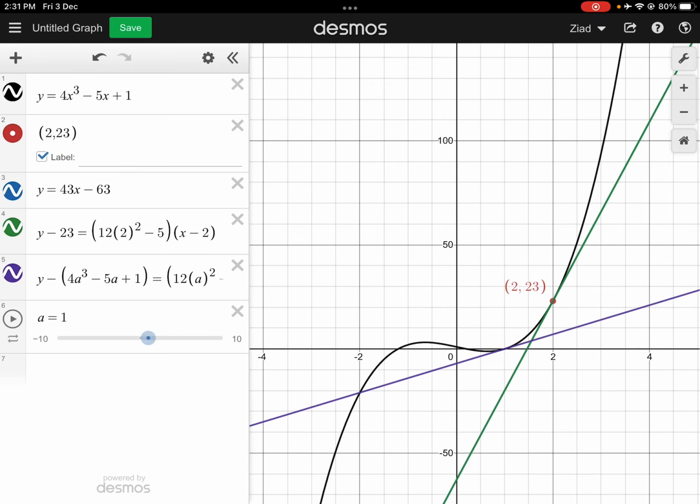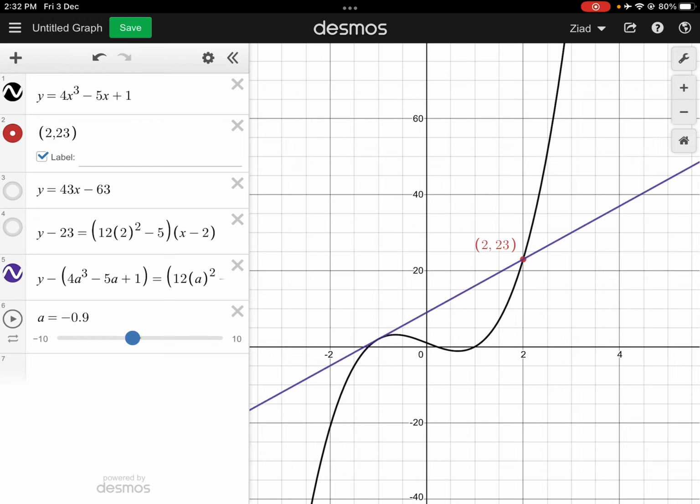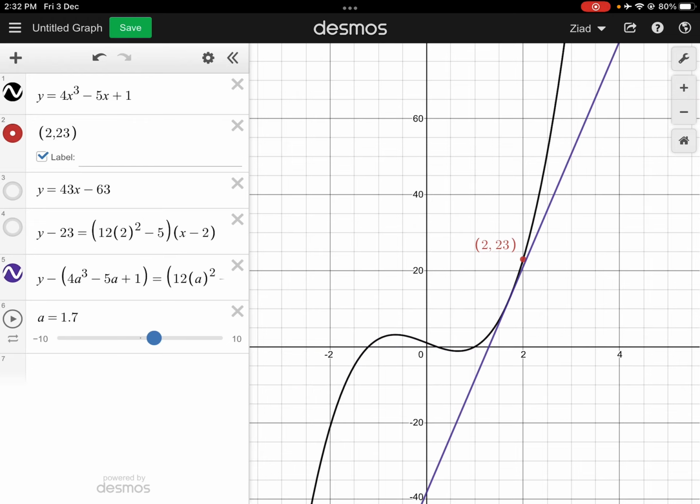Notice now, I will show you, and take this tangent line that we found before, the green one, out, and this one. Okay, so let's see. As a moves, we got all of them. These are all the tangent lines at all the points for our graph.